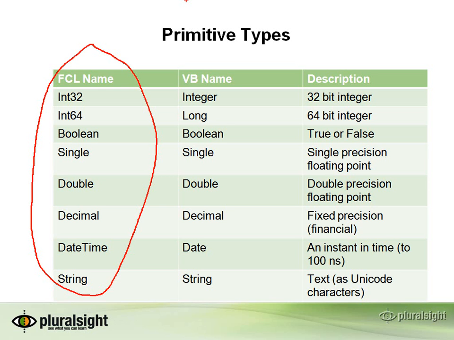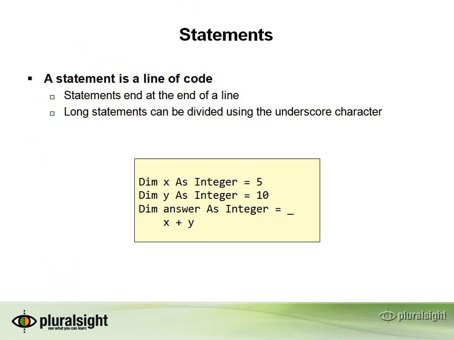And we'll touch on at least one of those later on in the course. And finally, we talked about statements and expressions. As I said, each line of code is a statement. A line of code ends at the end of the line. If you have long lines of code, you can separate them onto multiple lines using the underscore, or line continuation, character.